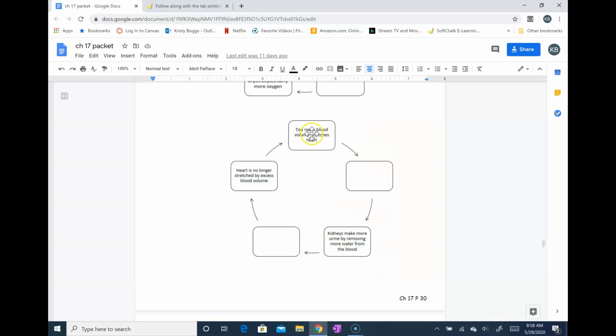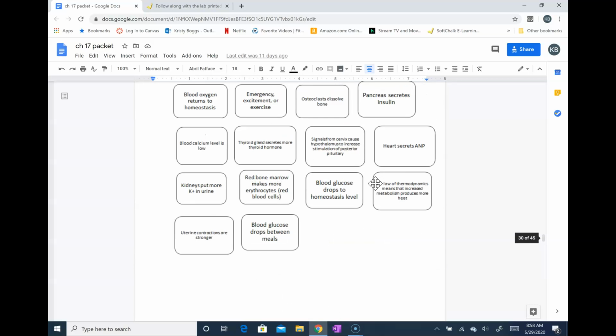Okay, so then here's your next one. Too much blood volume stretches the heart, and then you have a blank. This is where you're using your textbook and you're seeing, okay, if there's too much blood volume and the heart is being stretched too much, which hormone is going to be secreted? There's a chart in Chapter 17 that gives a summary of all the hormones, and that chart is going to be very helpful for you.